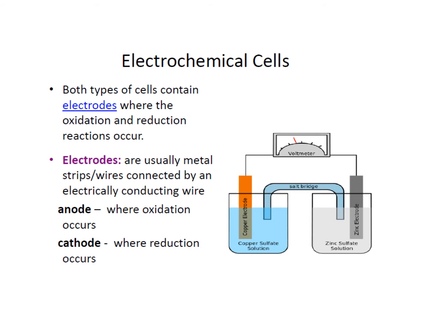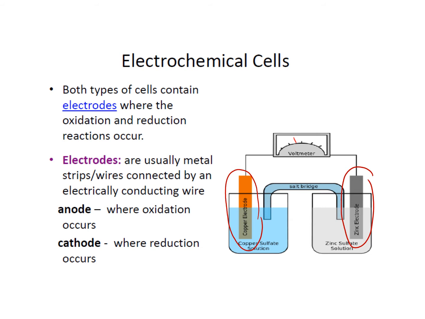These electrodes are immersed in the solution, and this is where the redox reaction happens, meaning in one electrode the oxidation happens, and in the other electrode the reduction will happen.